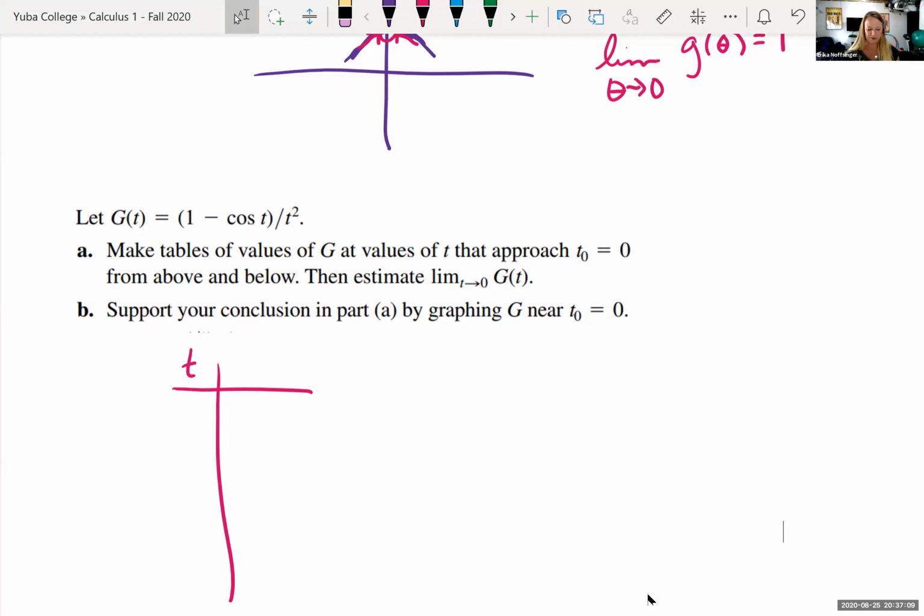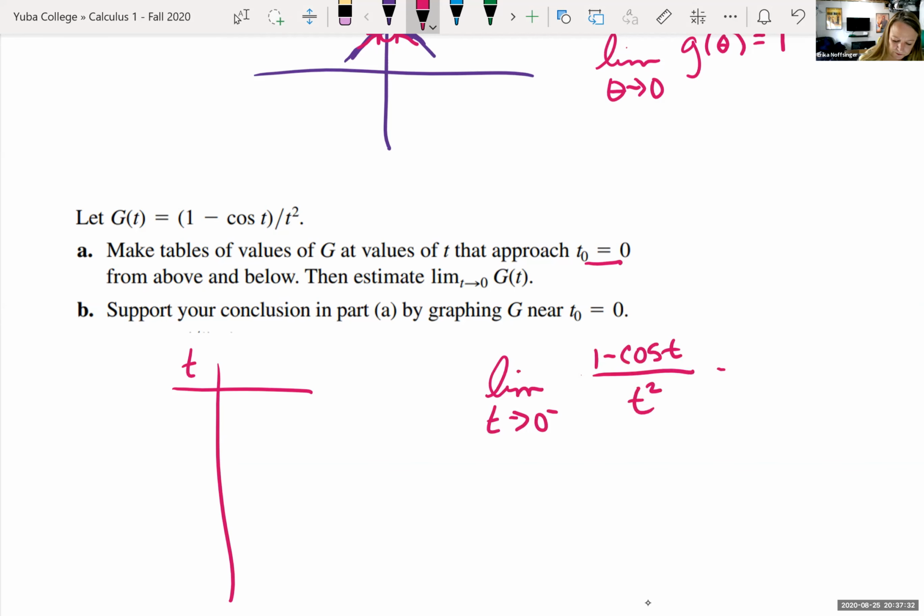Okay, so I just pulled the problem and brought it down from above, and we're looking at this limit as t approaches 0. And so we want to look at what's going on as t approaches 0 on the left of g of t, which was 1 minus cosine of t all over t squared. And so numbers that are close to 0 on the left, we can think of as negative 0.01, negative 0.001.